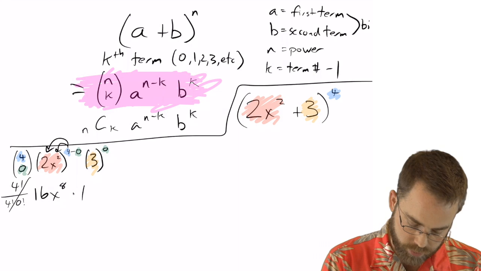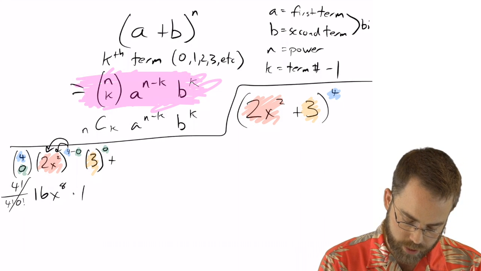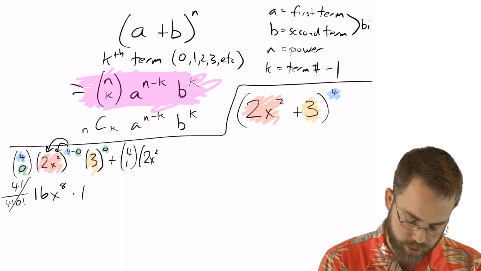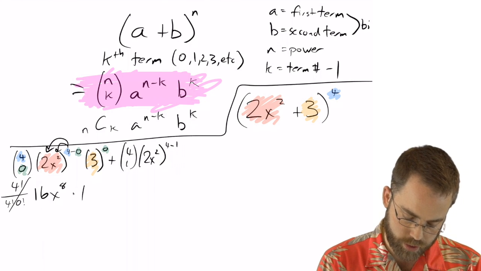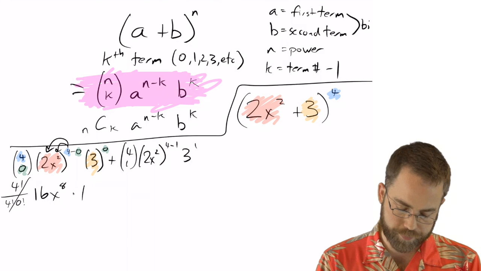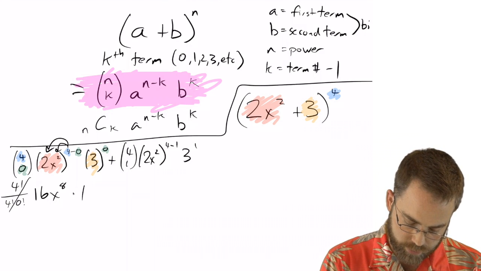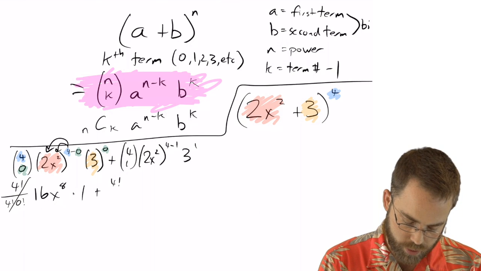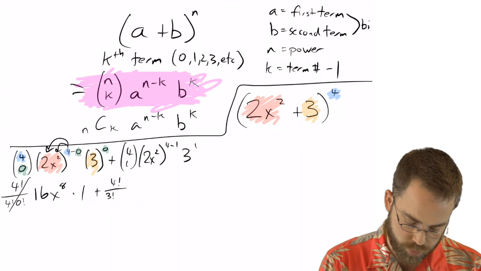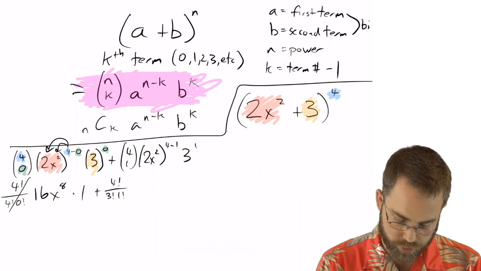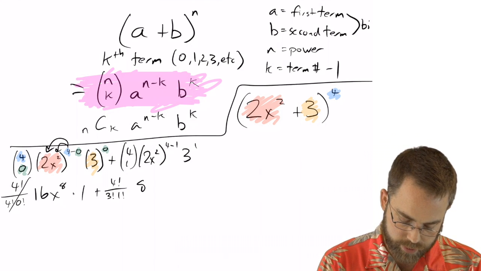The second term is going to be 4 choose 1 of 2x squared to the 4 minus 1, 3 to the 1. Okay, so 4 choose 1 means 4 factorial over 3 factorial, 1 factorial, and all that to the third is 8x to the 6th times 3.